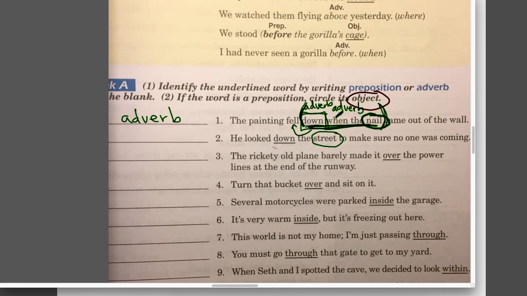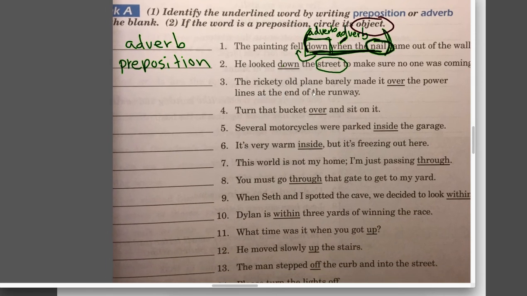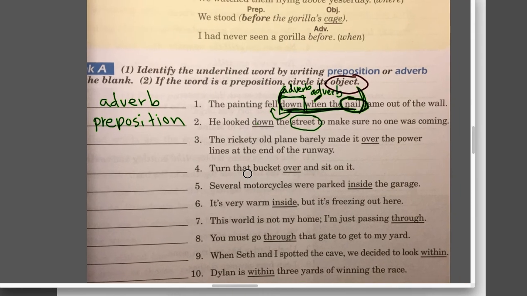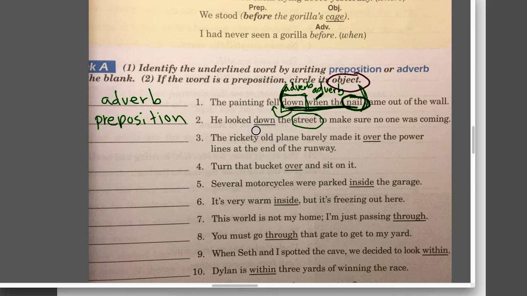Where, a place. So this down has to be a preposition. All right. So you guys are just going down the list here, looking at the word and writing down whether it's an adverb or a preposition. And if it is a preposition, you have to circle the object, like what we did here. Okay. So hopefully that's not too bad.